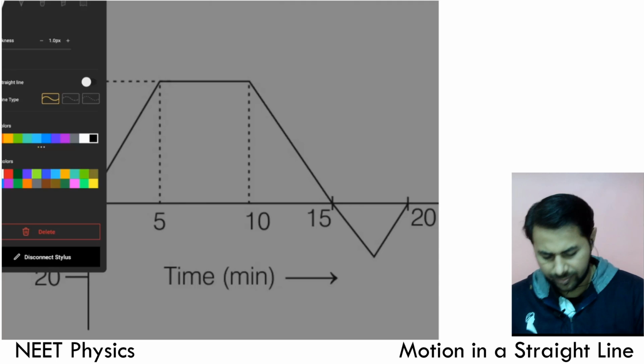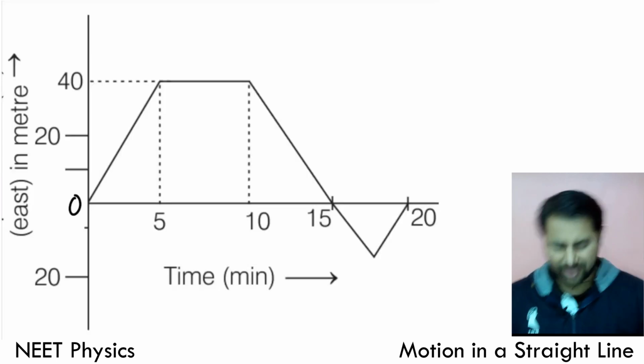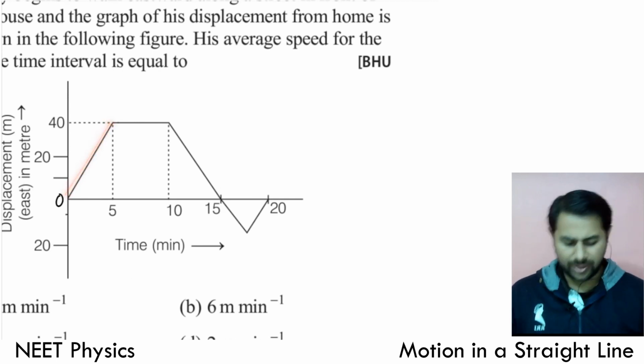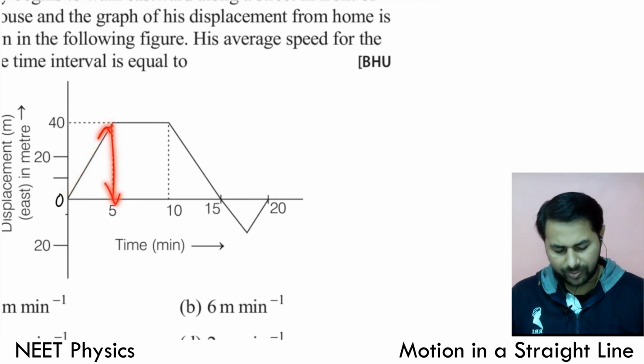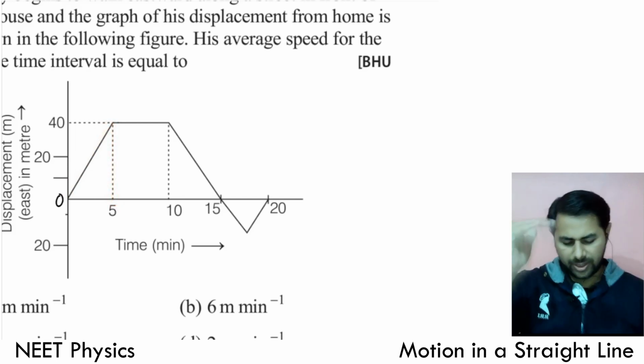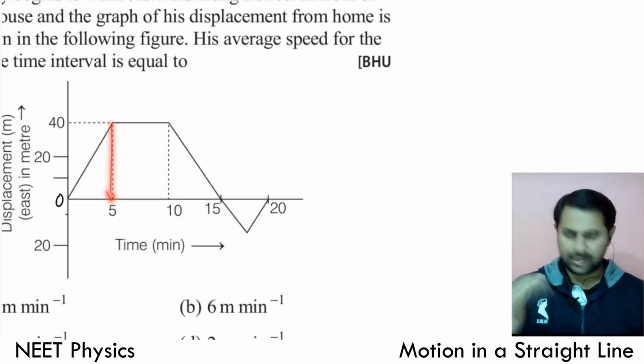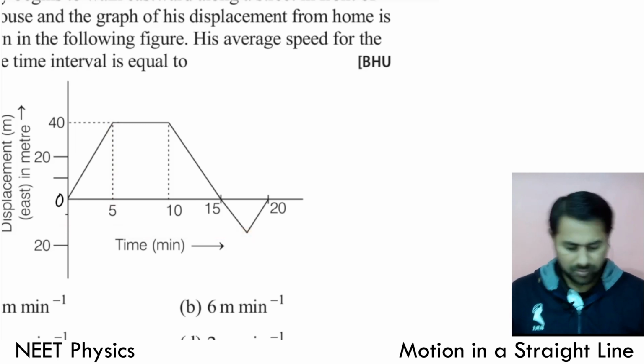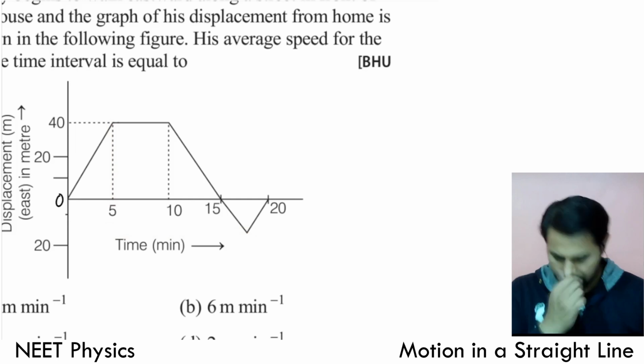This is a new problem, you can say, because the marking is not clear. If this is 0 and that's 40, then the distance covered is 40. When it comes back again, the distance covered is 40, and then I guess this should be 10.